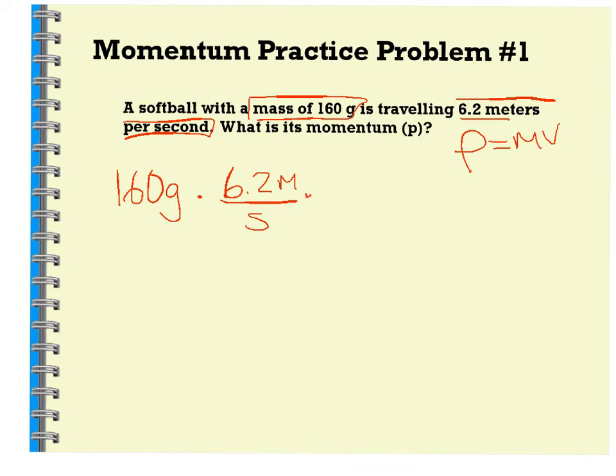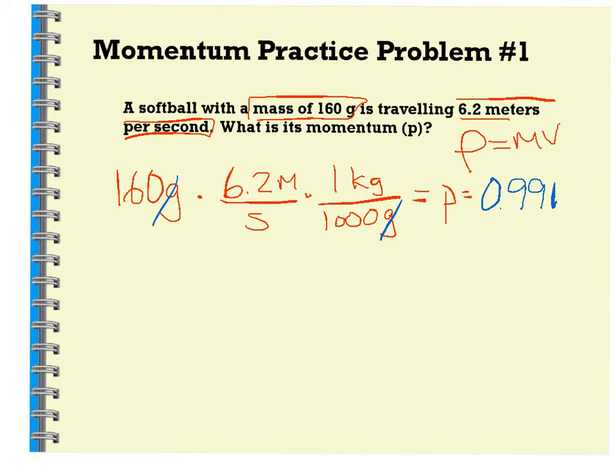So let's do that by multiplying 1 kilogram over 1,000 grams. If you multiply those together and cancel out the units, we're going to get 0.99, almost a full kilogram times meter per second.